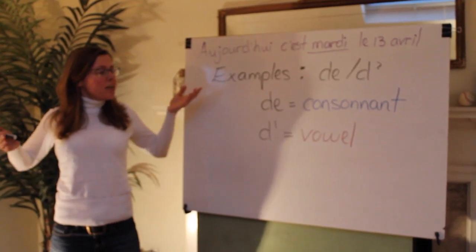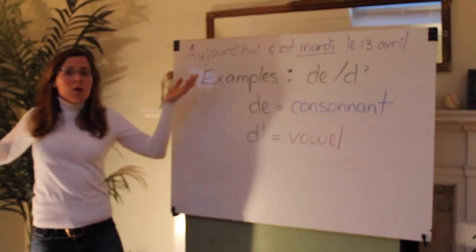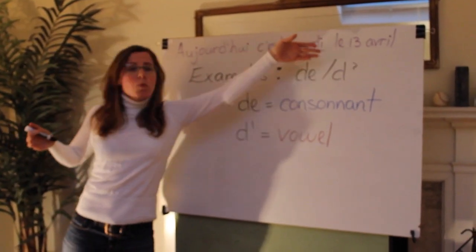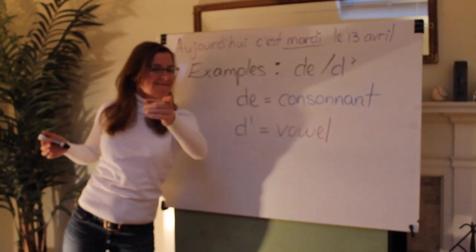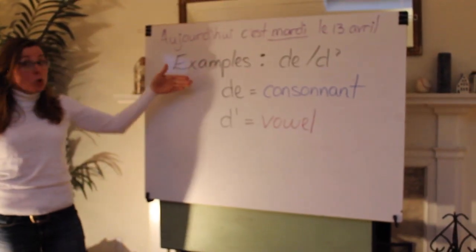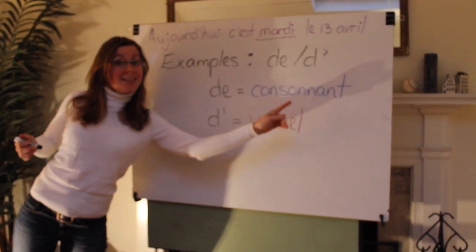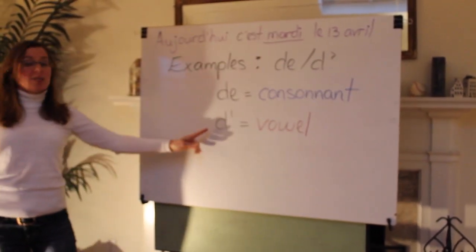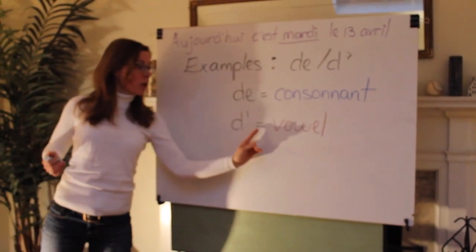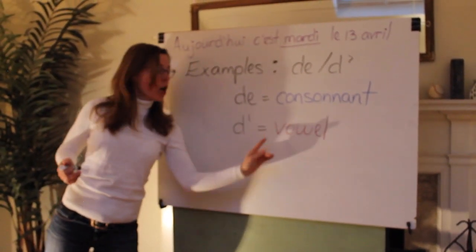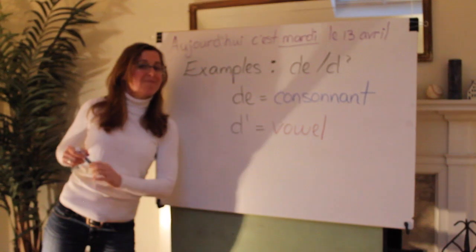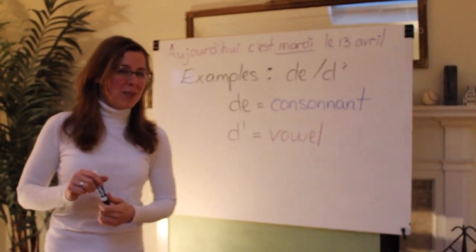But then you're gonna ask me, Madame Garnon, when do we use de and when do we use d'? You use de when the word that follows starts with a consonant. And then you use d' when the word that follows starts with a vowel. That was a smart question.